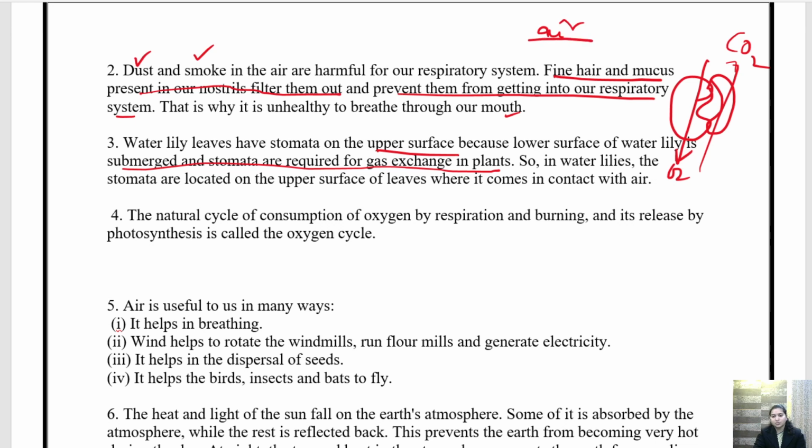In the water lily, the leaf would be on the lower side, because it is an aquatic plant, so the underneath surface of the leaf is present in the water, and they cannot breathe properly. That is why the stomata are present on the upper surface of the leaf. Hope you have understood it, children. We have already discussed it, so I'm going a bit faster.